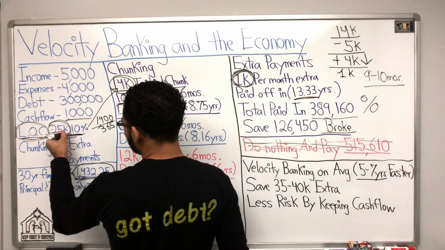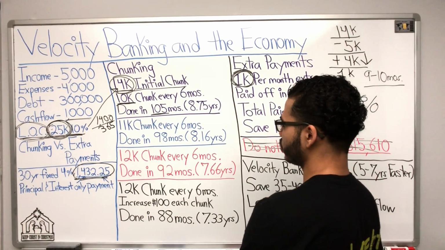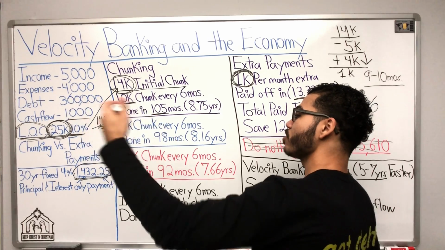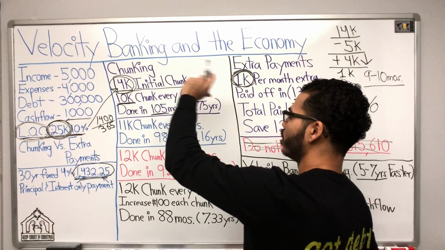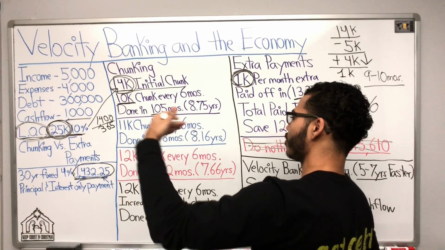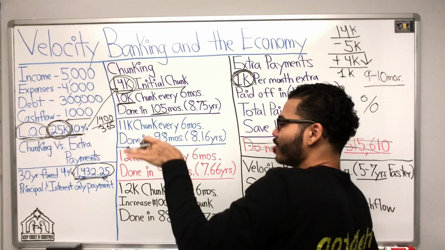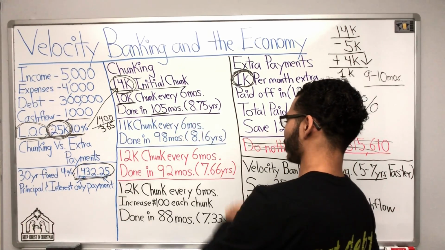Because you have the space to do so. See, what also becomes very interesting with velocity banking is when you're in the process of paying off your initial chunk, and then every chunk thereafter, we don't necessarily have to pay off the line of credit in full to give us the ability to make our next chunk.